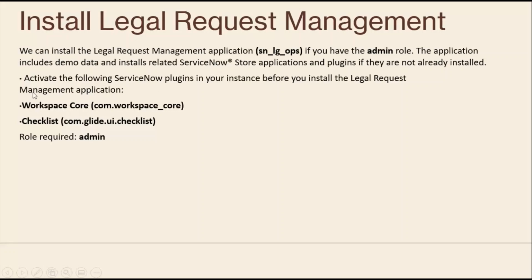First we need to install this plugin, and along with it, if we want, we can also install its dependencies, checklist and workflows plugins. After the installation of the plugin, the legal request management application will be enabled on your personal development instance, and it will be visible in the left side navigator bar.